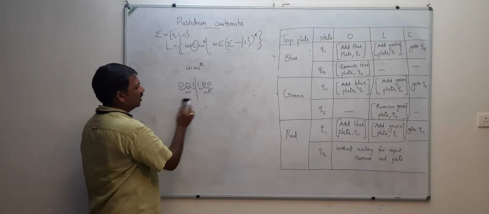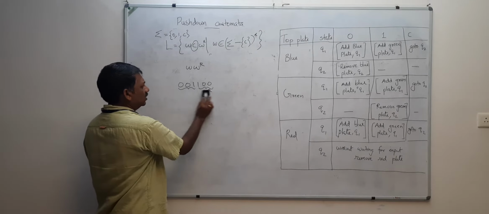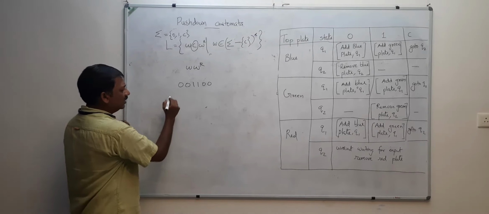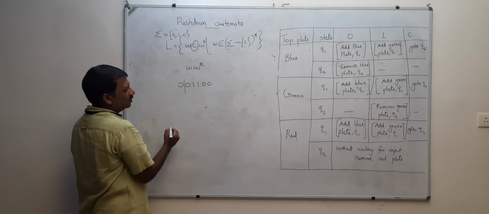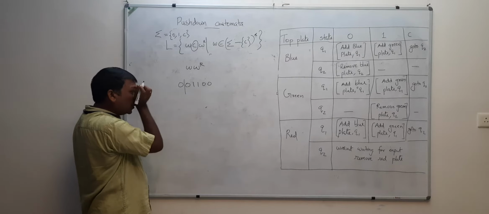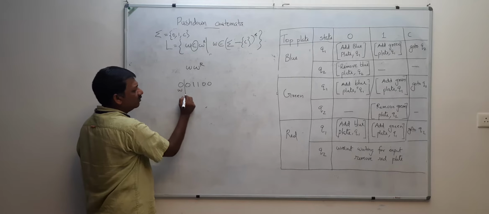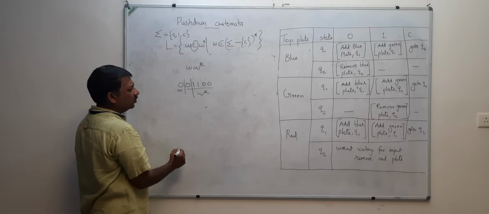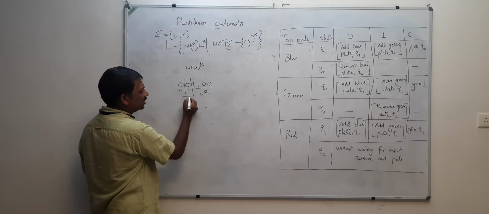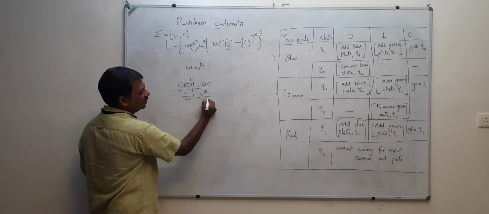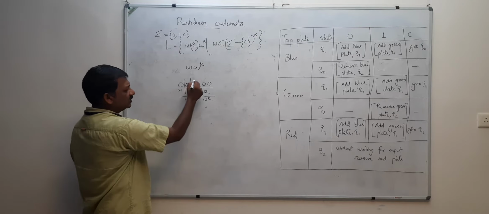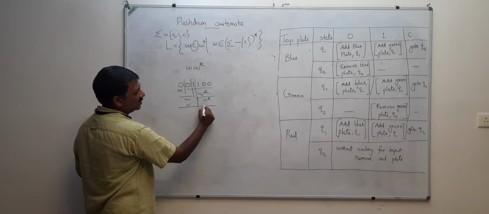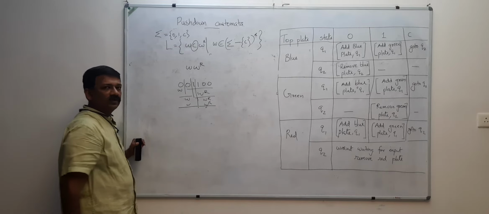Suppose that you have a string like this. After reading each symbol, that means after reading this one, the finite control is expecting this as W and the remaining as W raised to R. After this point also, it is expecting this as W and this as W raised to R. And after this point also, and likewise.